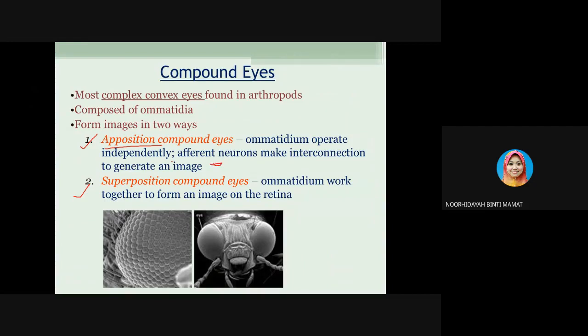Remember the afferent neuron. In superposition compound eyes, the ommatidia work together with the afferent neurons to form an image on the retina.